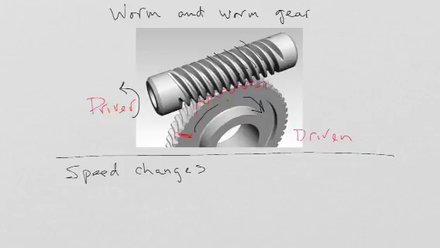If this driver, the worm, starts turning faster, it's going to cause the gear here to turn faster. The same can be said about pretty much any type of transmission system.